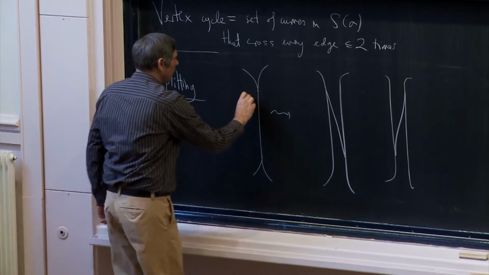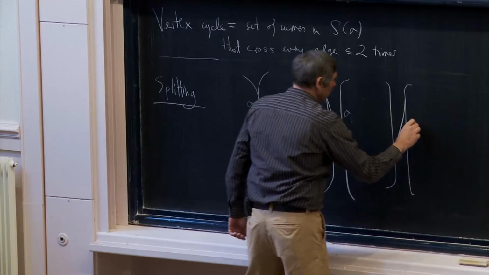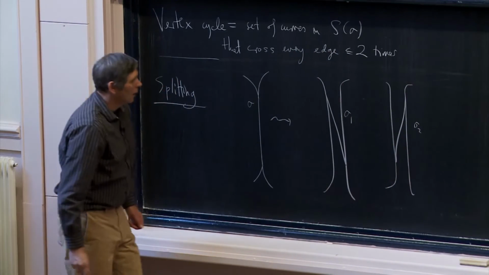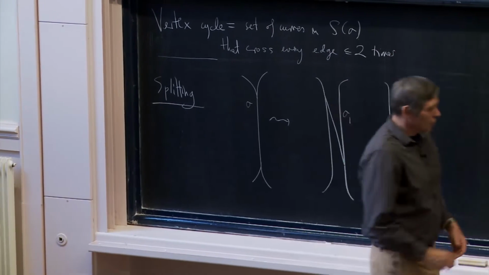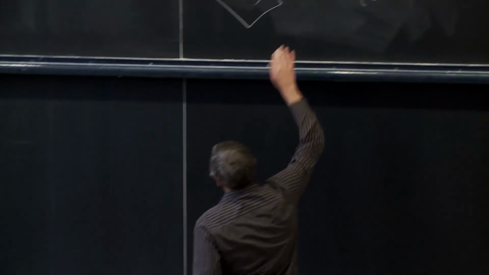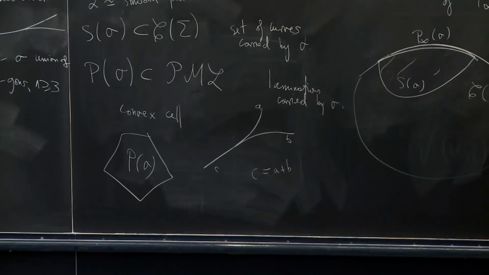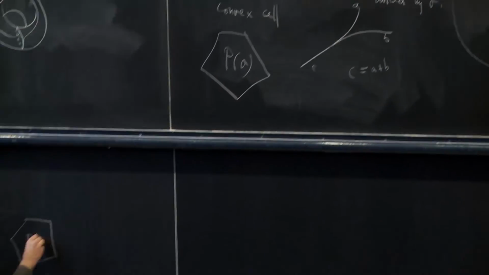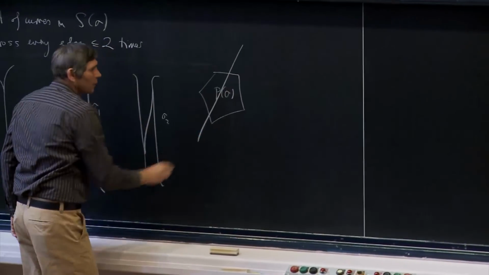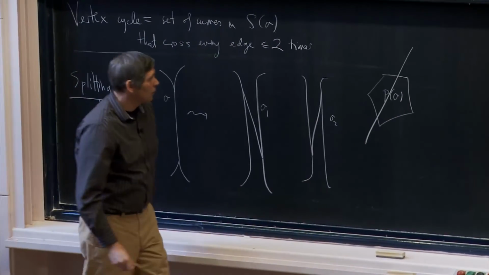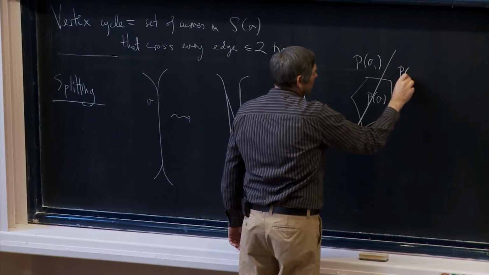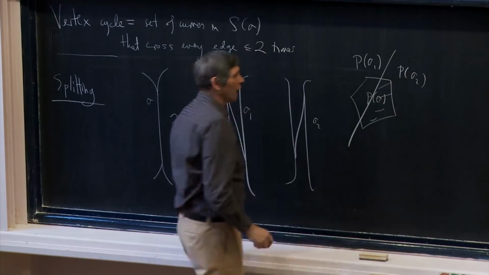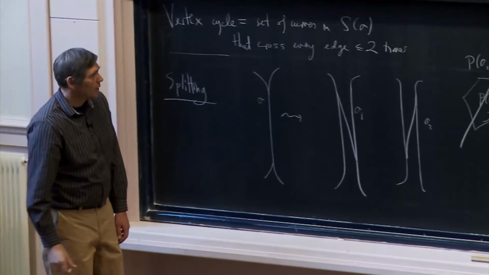So if this is sigma, then the splitting gives you sigma 1 and sigma 2, and it turns out that on the level of P of sigma, you just cut it by a hyperplane. So here's P of sigma, and you cut it by a hyperplane. Over here we'll have P of sigma 1, and on the other side it's P of sigma 2.